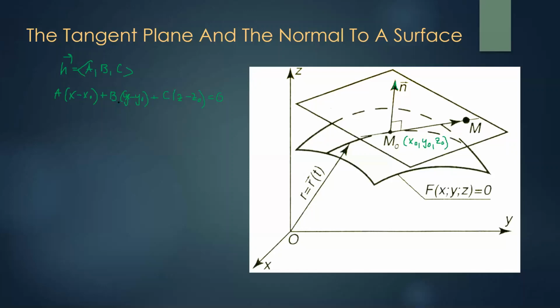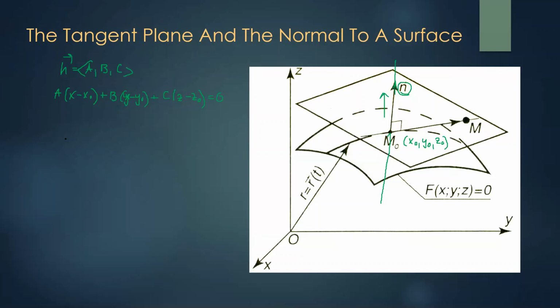And the line passing through this point is called the normal, or normal to the surface. The normal is characterized, of course, by its direction vector, and the direction vector is, of course, the same. So this is the tangent plane. And the normal line is the line perpendicular to the surface.